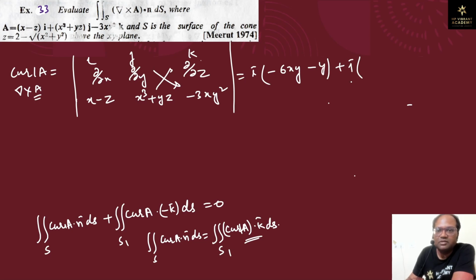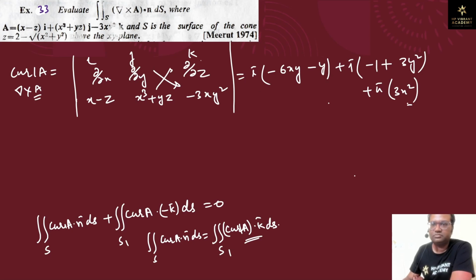Plus j cap, this is minus 1 times del upon del z of x minus z, or plus 3y square. Plus k cap, this is del upon del x of this one, which is 3x square, and del upon del y of x minus z is 0.